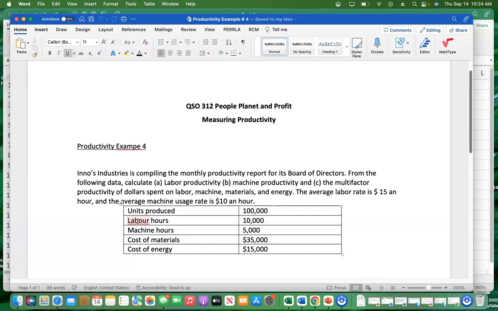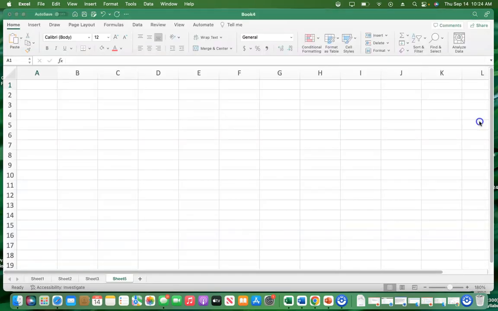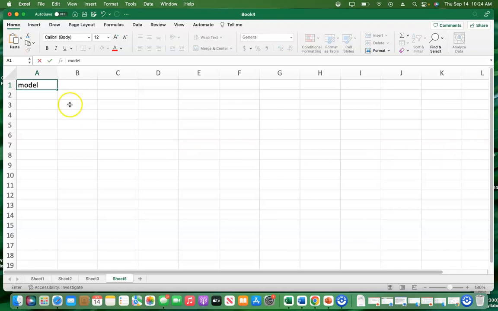So we are going to create the model and put all this information in our model so that we'll be able to find productivity as required, the way we did for the other examples, like the first, second, and the third. So all we're going to do here is just create our model. And the first thing we're going to do is look at the formulas.